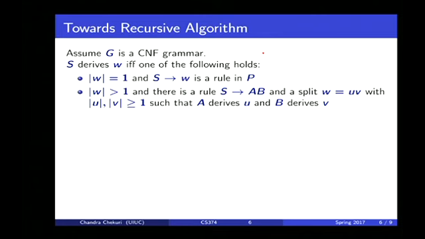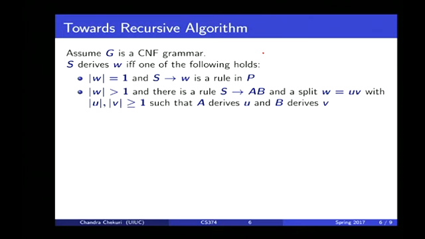Because we have to check if there is a rule A goes to that letter, right? Otherwise, A derives U if what? There is a split of U into two strings, right? And a rule A goes to B C such that B derives one part and C derives the other part. Yeah? Is it okay?